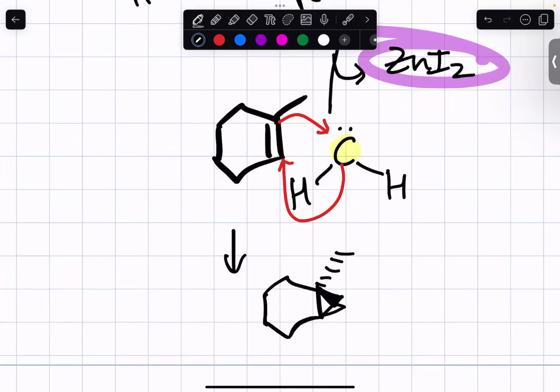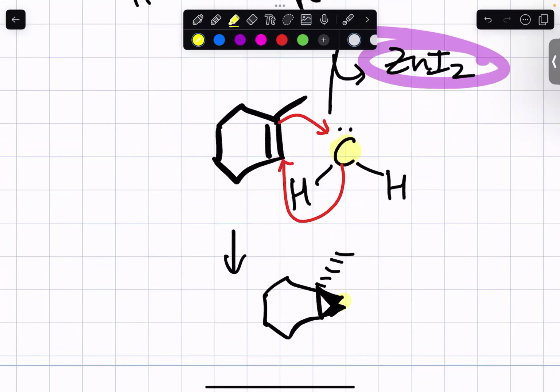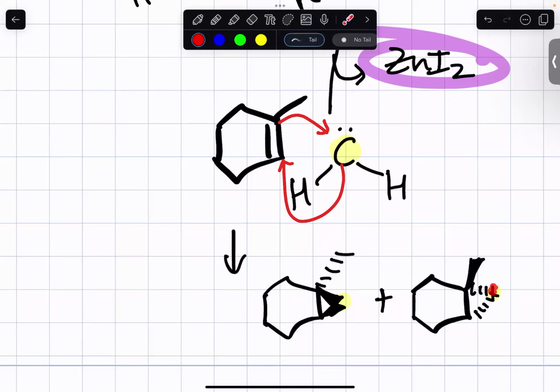A cyclopropane, where that carbon of the carbene is this carbon of the cyclopropane right there, with its two hydrogens here. If we made that cyclopropane a wedge, that forces the methyl to become a dash. It could have been the other way as well. That cyclopropane could have been a dash, making that methyl a wedge, right? Where that carbon of the cyclopropane is that carbon of the carbene right there.